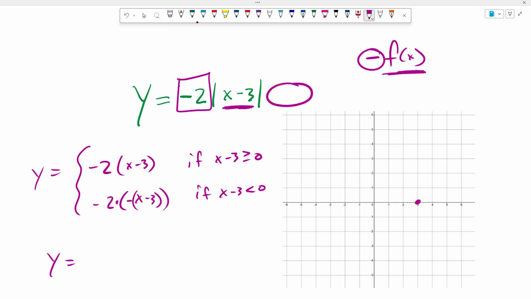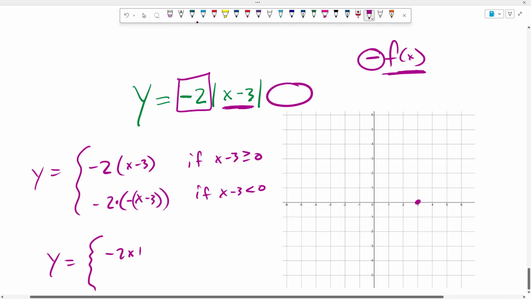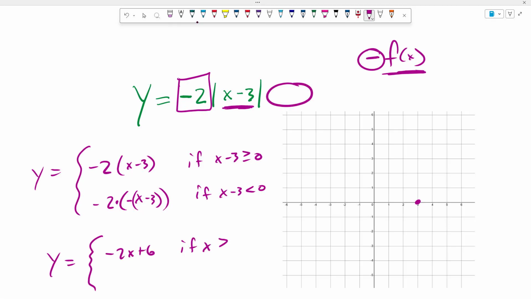If I simplify that, okay. So to the right of 3 is the part that has the negative slope now.